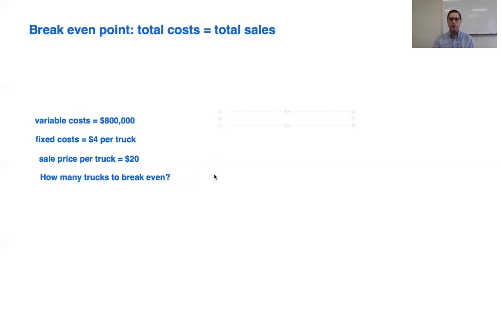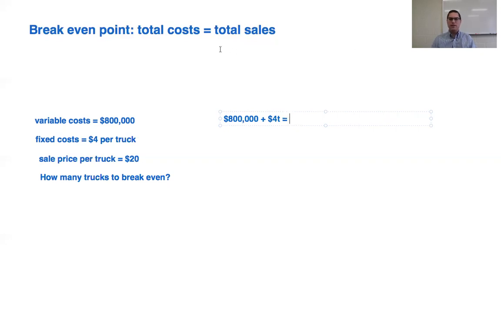Our total costs are going to be our variable costs of 800,000 plus our fixed costs of $4 per truck. We're going to say 4T, $4 times the number of trucks, is going to be our total cost. And we don't know what the number of trucks is yet. That's kind of the whole point of the problem.